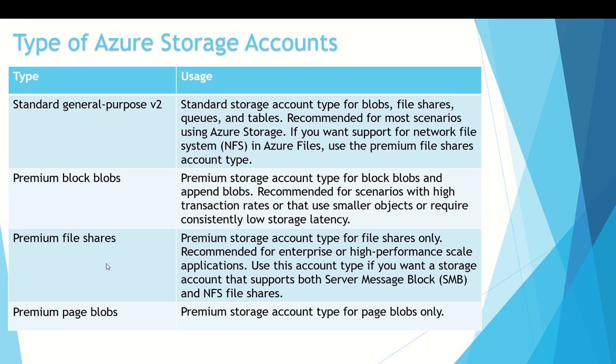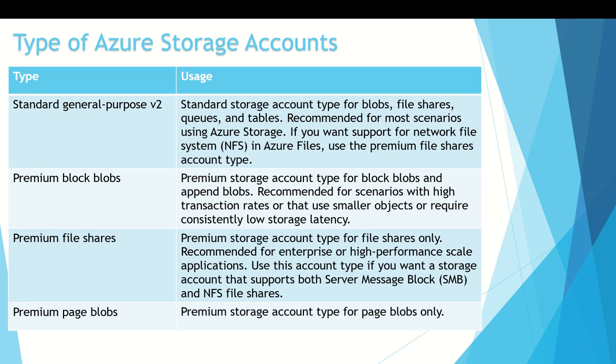Next is premium block blobs, a premium storage account type for block blobs and append blobs, recommended for scenarios with high transaction rates, or that use smaller objects, or require consistently low storage latency.